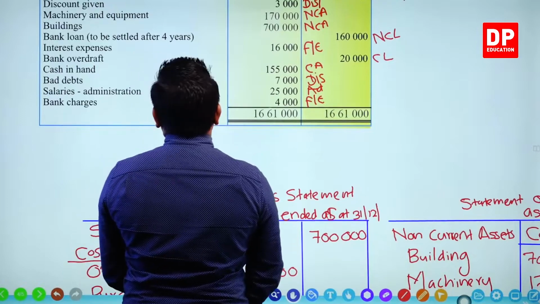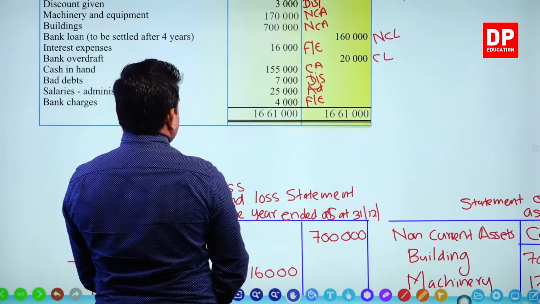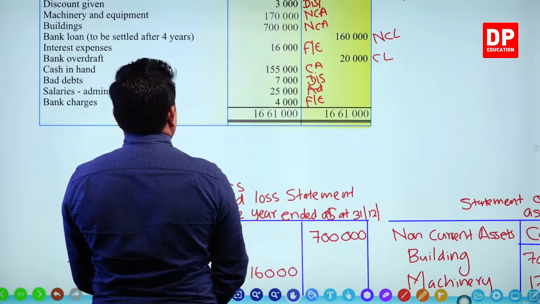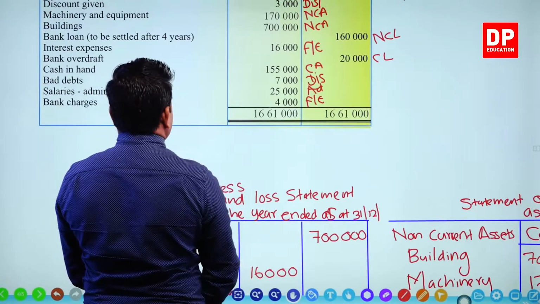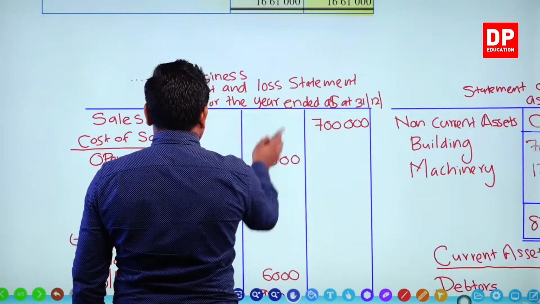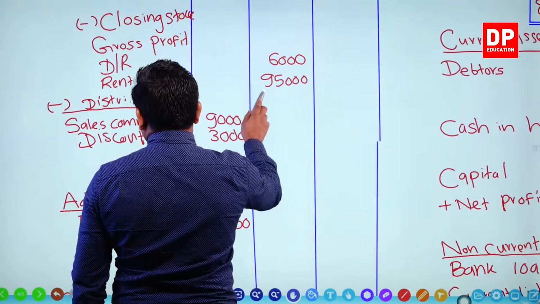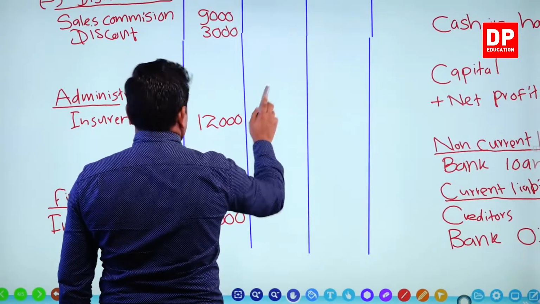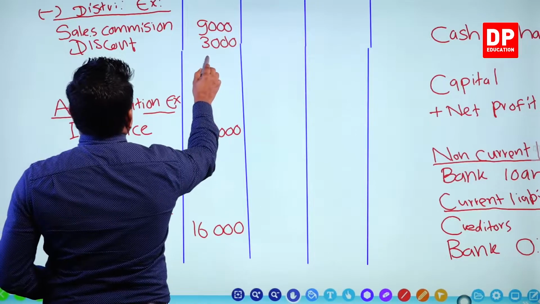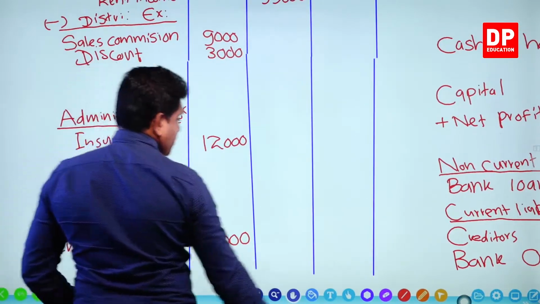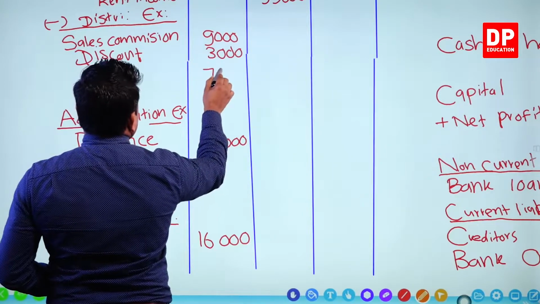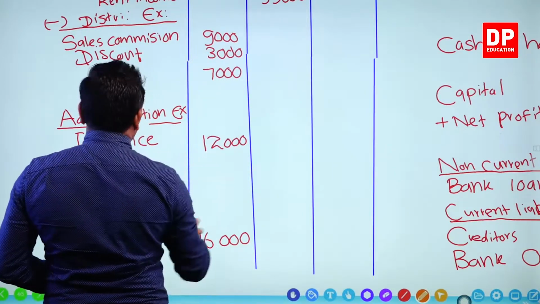There are three more. One is bad debt 7,000. Salary is 25,000. Bad debt 7,000. Do you remember the salary?